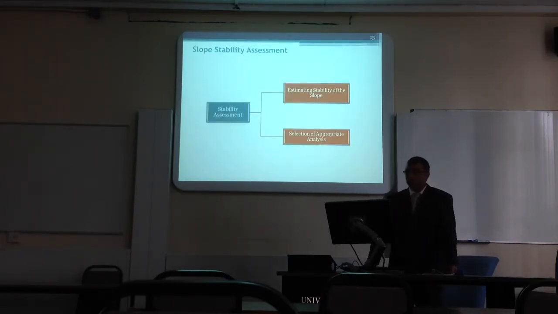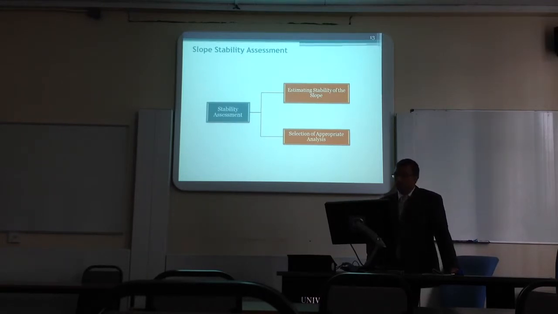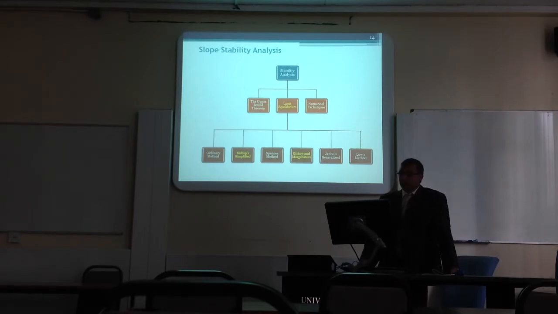How do we do a slope stability assessment? We need to estimate the stability of the slope and then select the appropriate analysis after that estimation, which is required at site based on the GI work and based on the material which we get. So the stability analysis can be done by upper bound theorem, limit equilibrium, or numerical techniques.